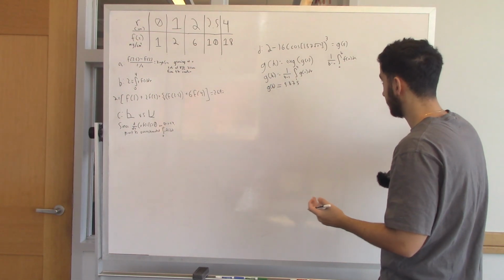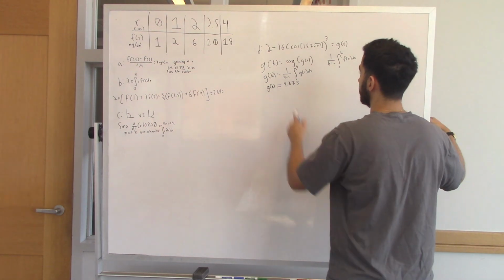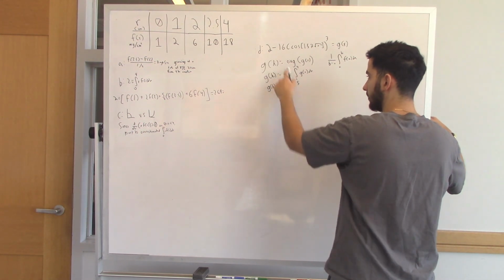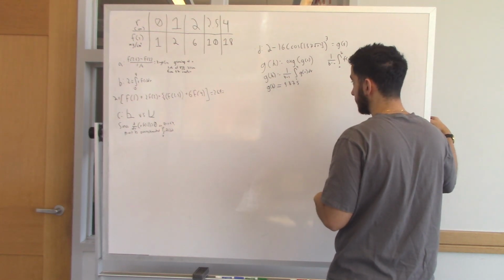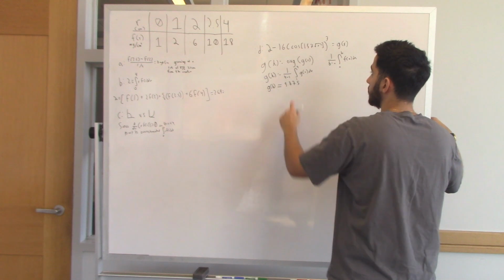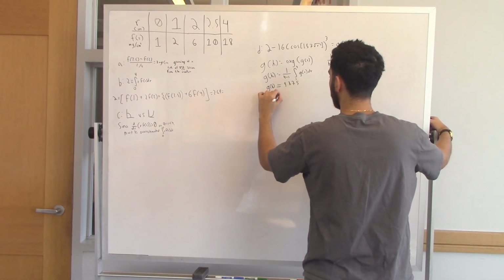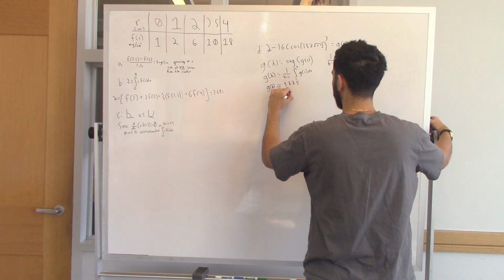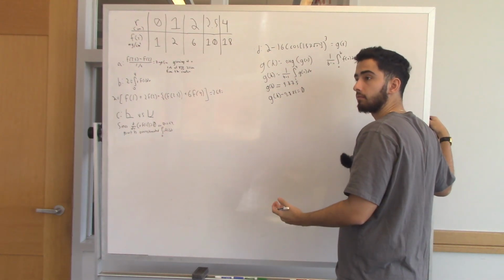Now how can we do that? Alright, well there's two ways. First, you can plug this into the calculator as one function, this as the other function, and find where they intersect. Or you can take this function and have g of k minus 9.875 equals 0, and then find the zeros.